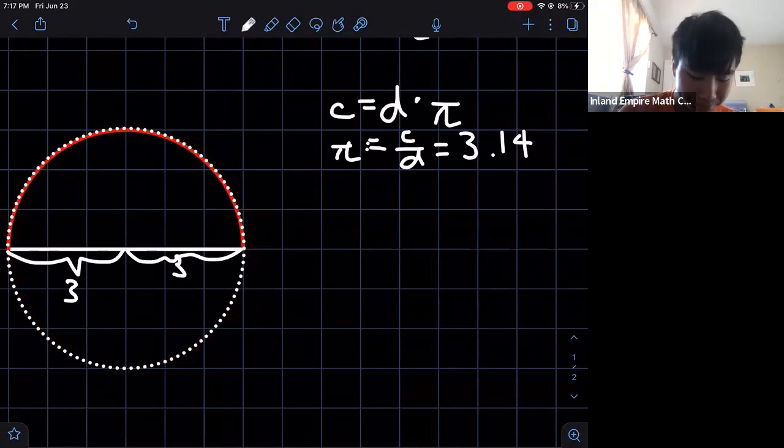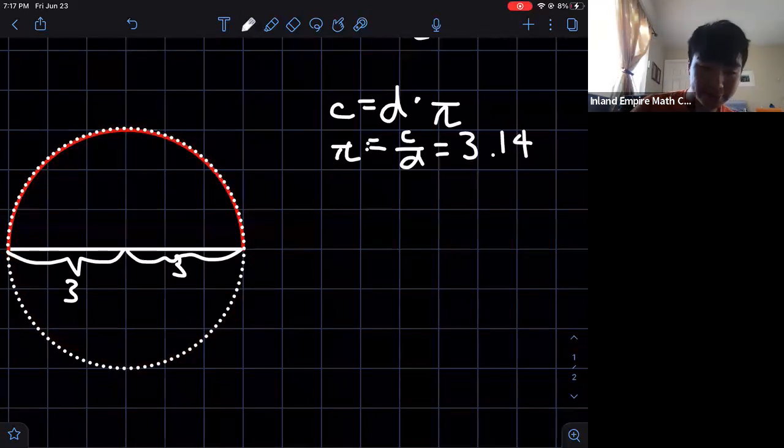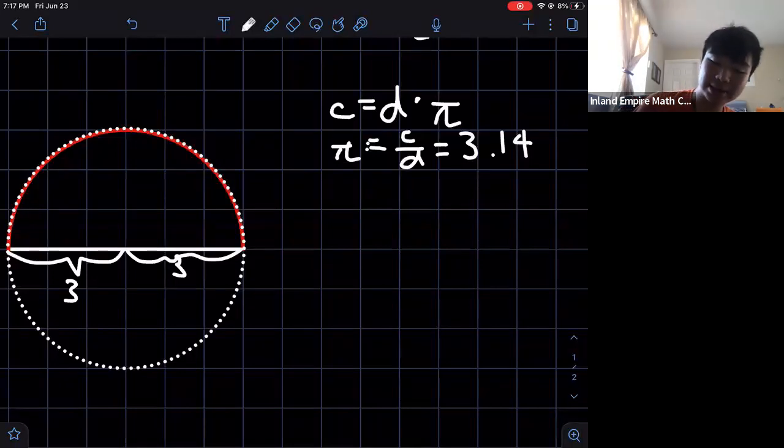Basically, we're going to first find the entire circle's length, or the entire circle's circumference.